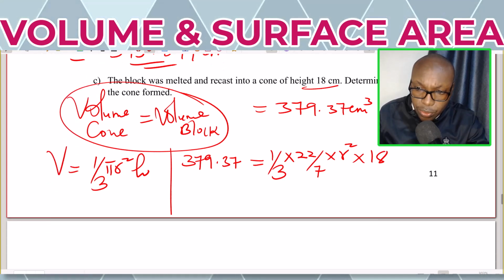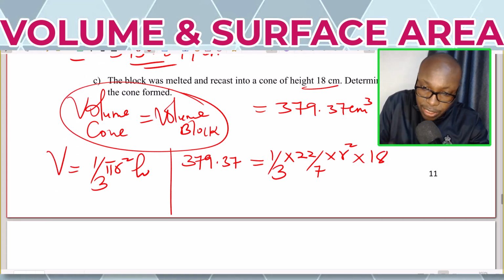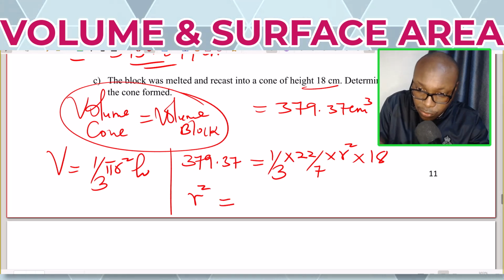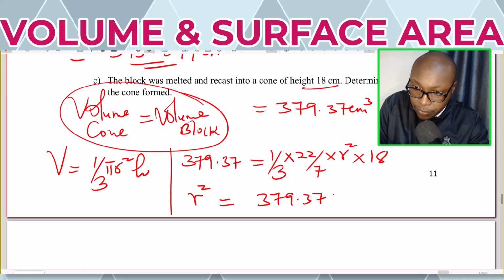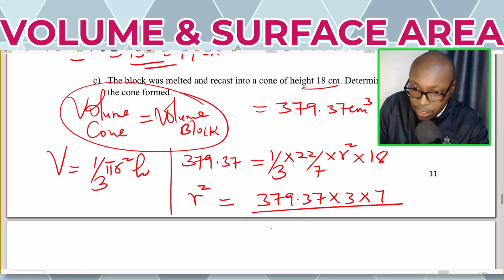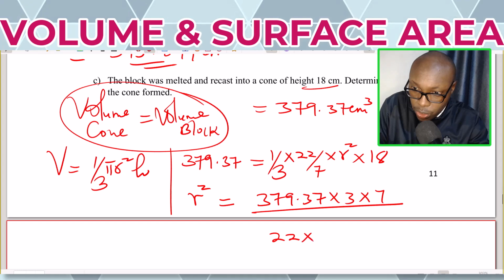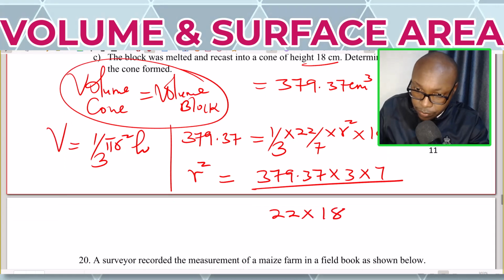So what we need to do is make r squared the subject of the formula, and r squared will be 379.37 multiplied by 3 multiplied by 7, everything divided by 22 times 18.